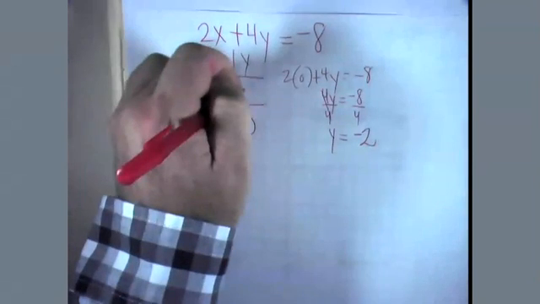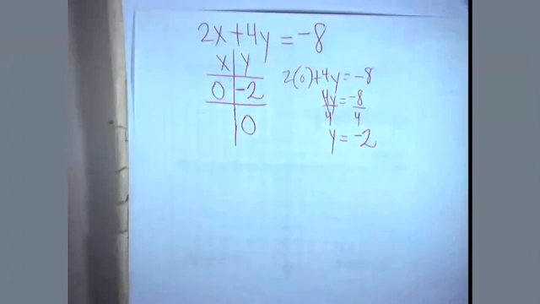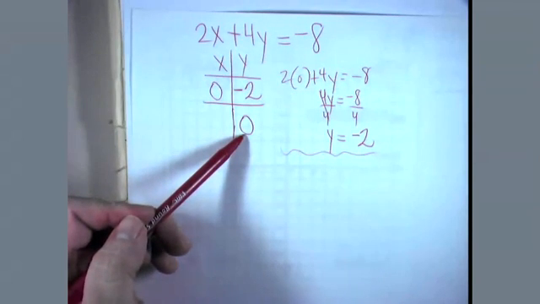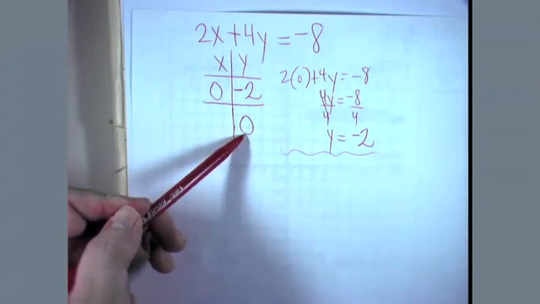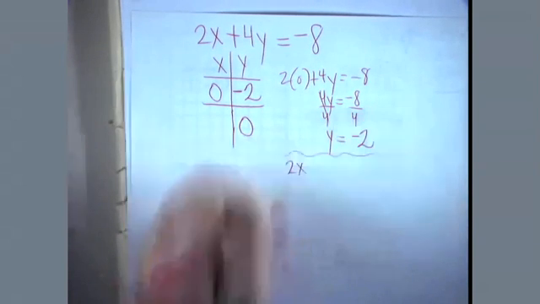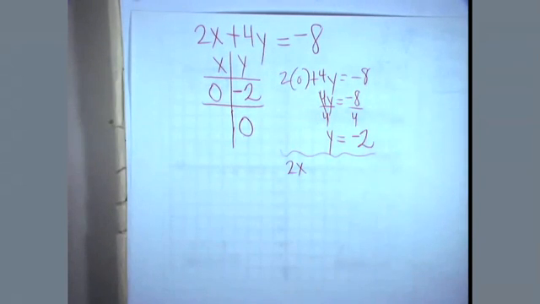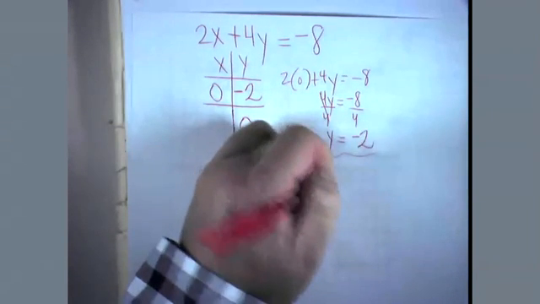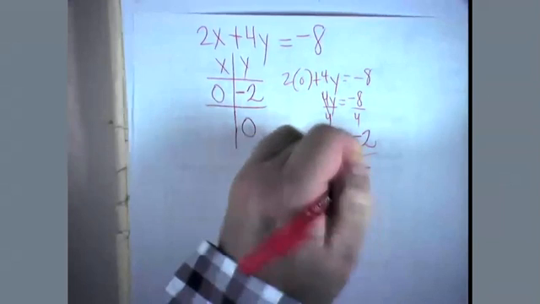So y is equal to -2. To find the second ordered pair, we'll let y equal 0 and find x. So we have 2x plus 4 times 0 equal to -8.